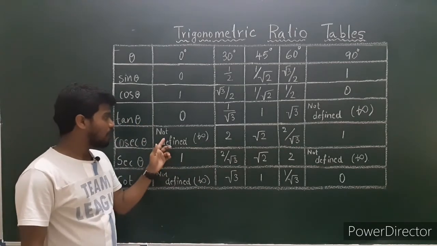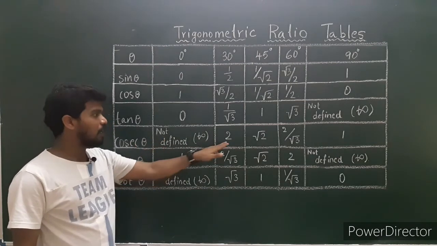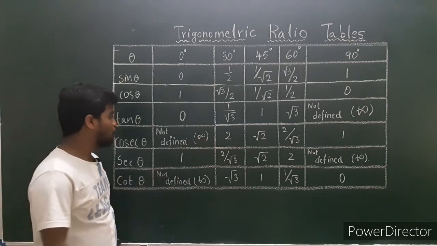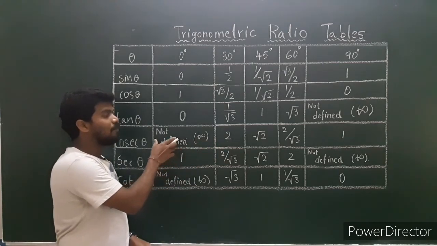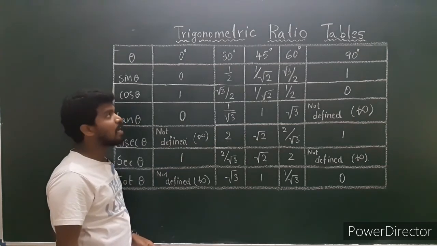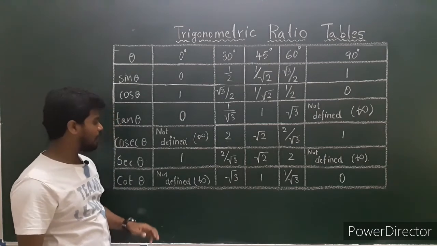Not defined means it is a higher value, more than 2. So the cosecant value decreases as the angle increases from 0 to 90 degree.